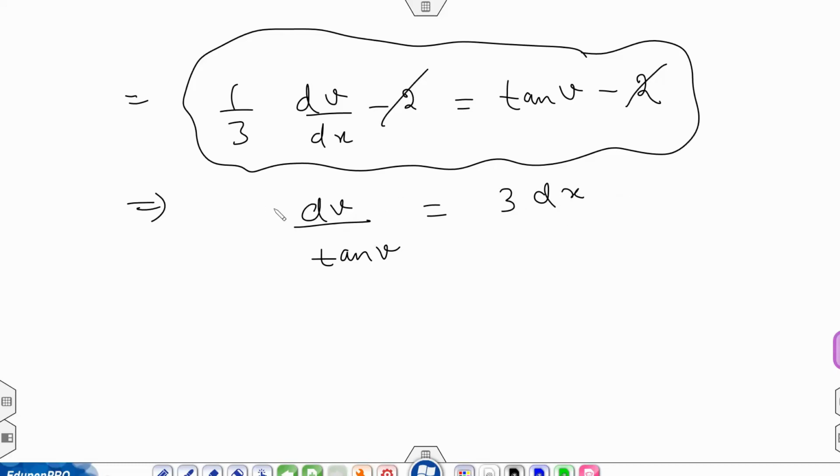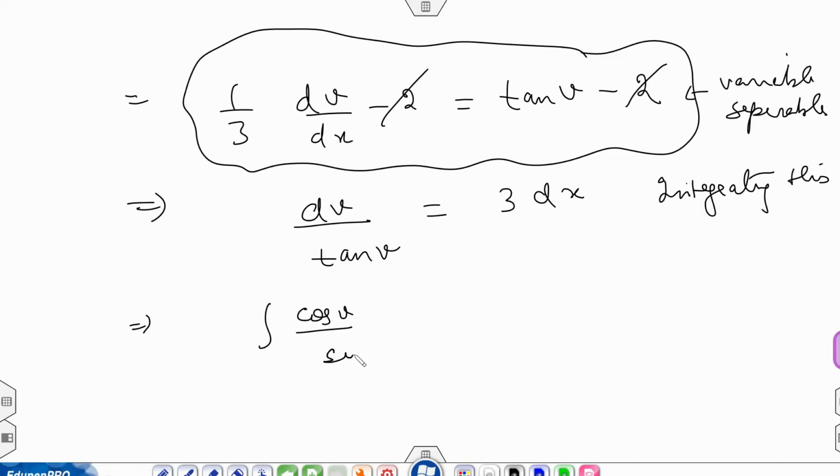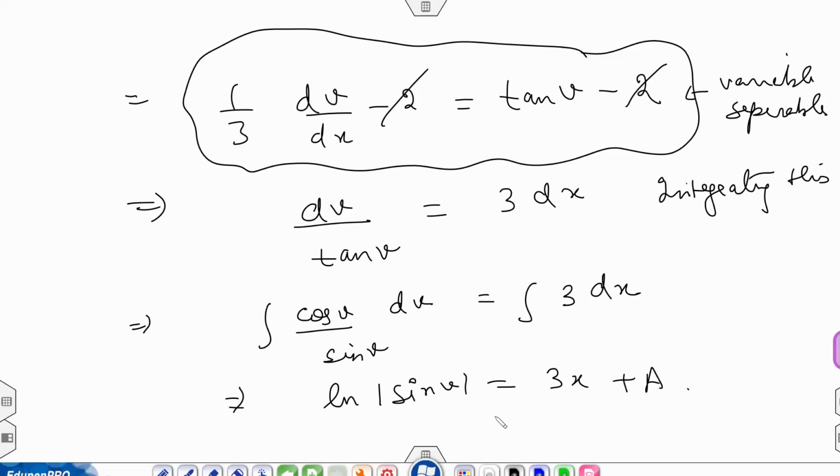Now after this step, what will you do? You will integrate. I wrote this tan v as sin v by cos v, so there is no problem. Now I'll integrate this equation, and then what I'll get is my solution. Again the final result will be written when we convert this v into our original x and y.